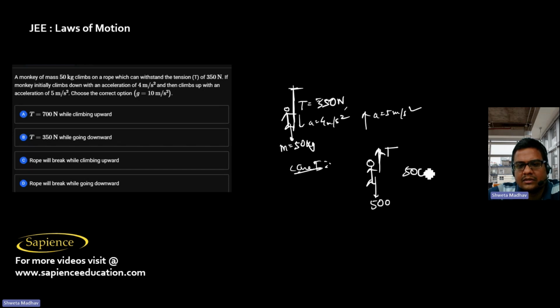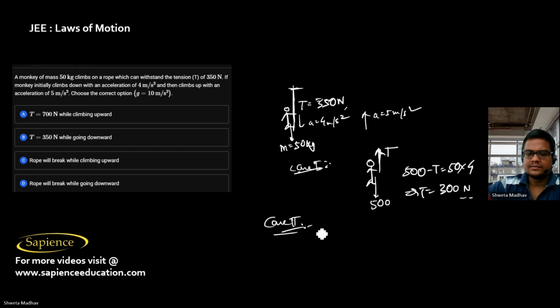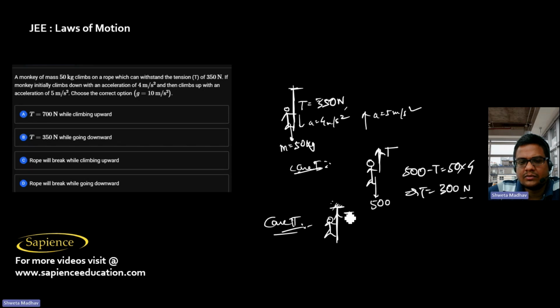So I can say 500 minus T is equal to 50 into a, which is 4. So tension will be equal to 500 minus 200, that is 300 Newton. And case 2 is that the tension force is acting upwards and 500 Newton is acting downwards.